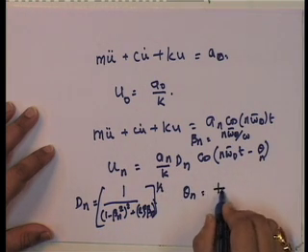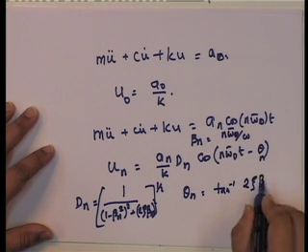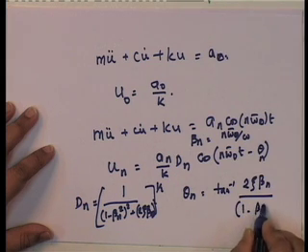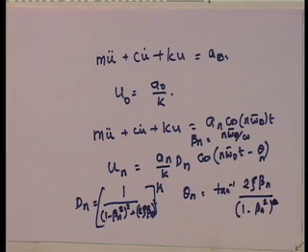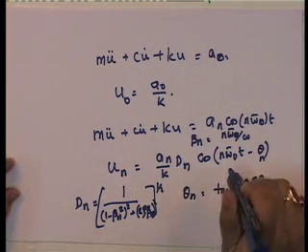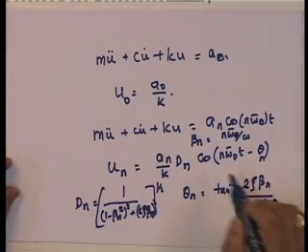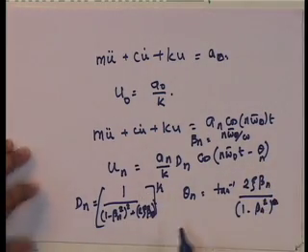Theta n is equal to tan inverse of 2 zeta beta n upon 1 minus beta n squared. Since I know omega 0 and I know omega is equal to square root of k upon m, I know everything. I can find it out.